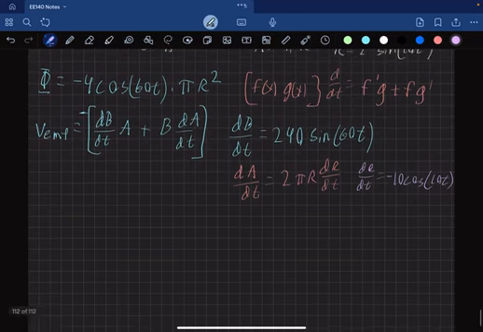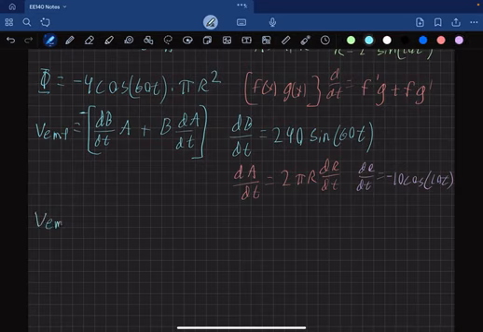So our final value for V EMF is equal to -240 sine 60t.